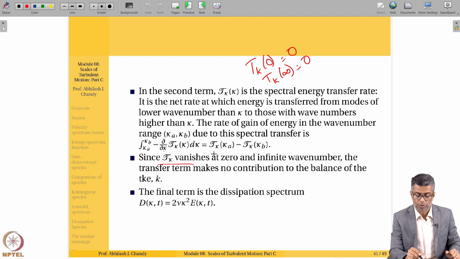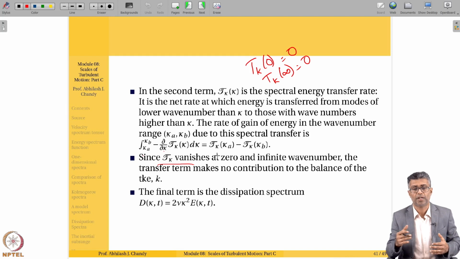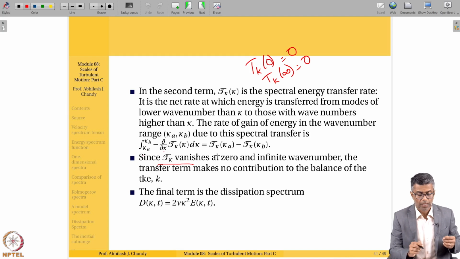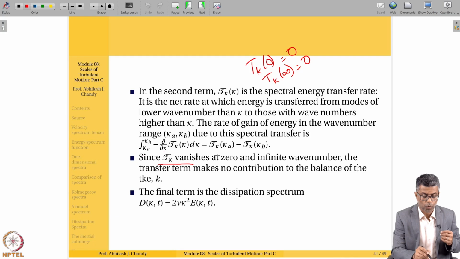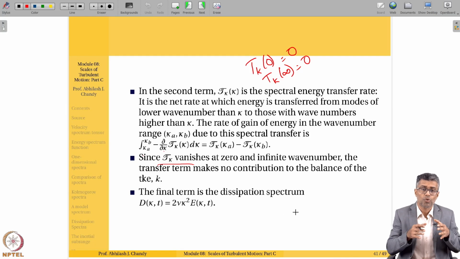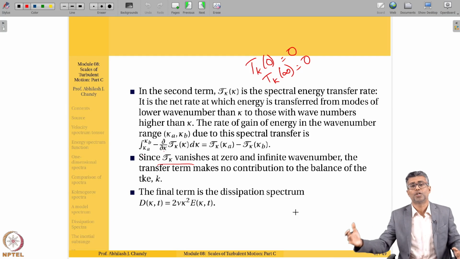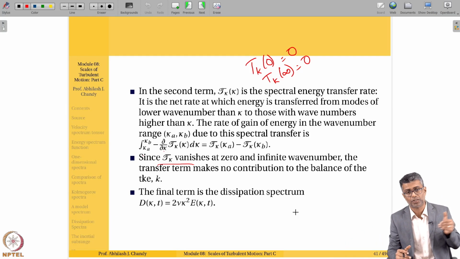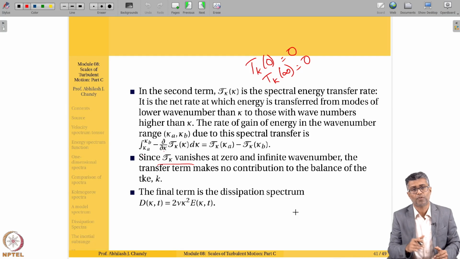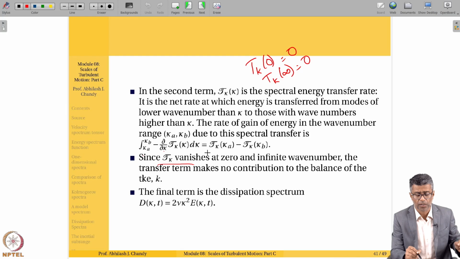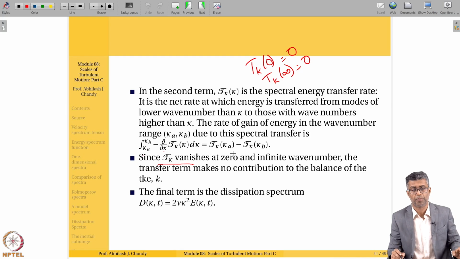So you're getting T_k of kappa A minus T_k of kappa B. One thing I wanted to point out even the last time is why we have a negative here. Because you are going from a smaller wave number to a higher wave number, not from larger to smaller, so you have a negative there. As a result, once you integrate this, you get T_k of kappa A minus T_k of kappa B, basically the difference of the two endpoints.